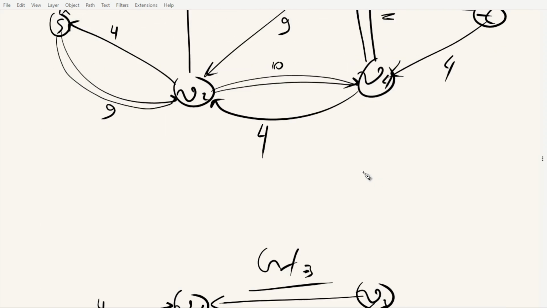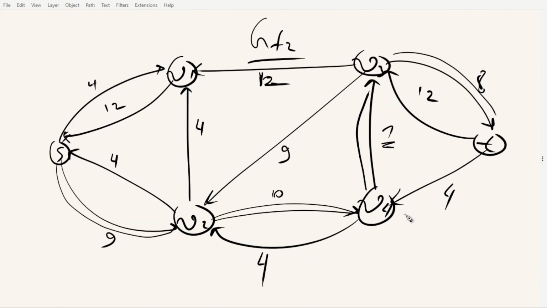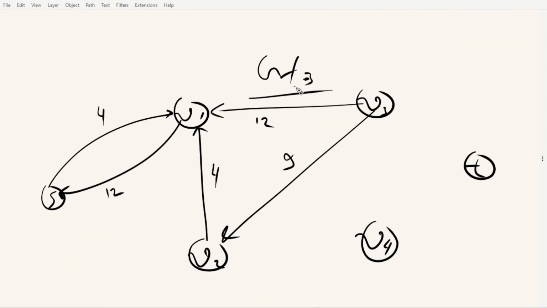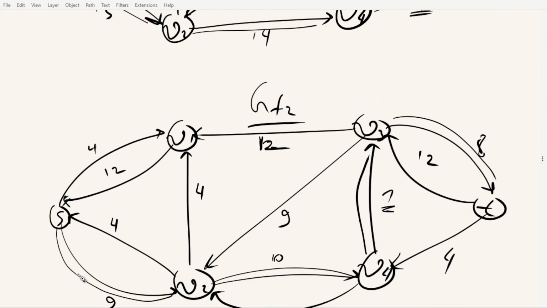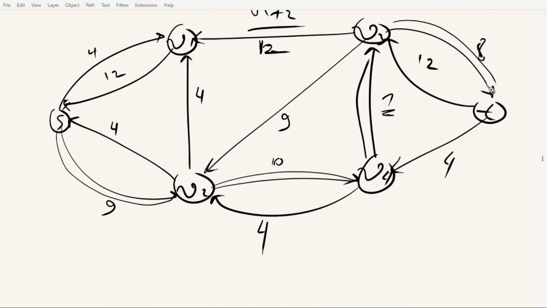This will change, this will change, then we have T to 4 is 4. Now along the path 1, 2, 3, 4, this will change, and this will also change.